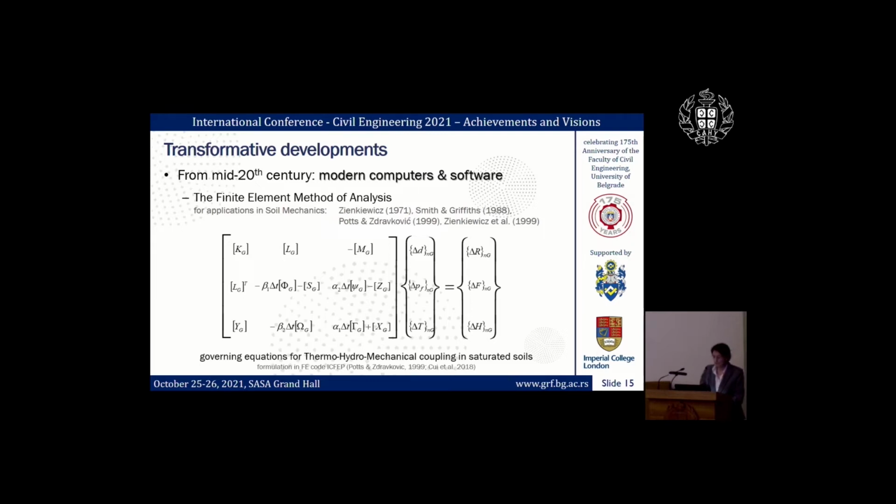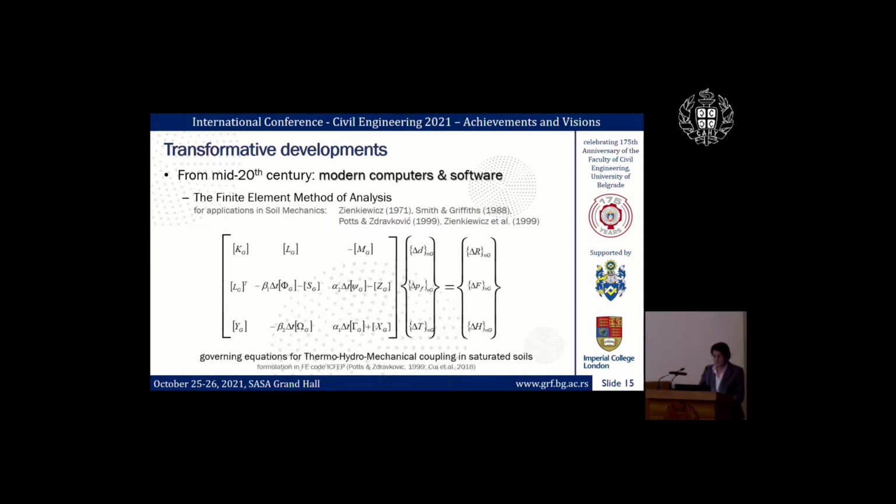And Zienkiewicz is considered one of the pioneers of the finite element method, and subsequent to that first book, several others have come at much later times, specifically related to geotechnical engineering.